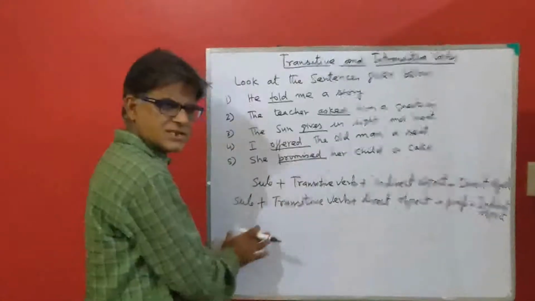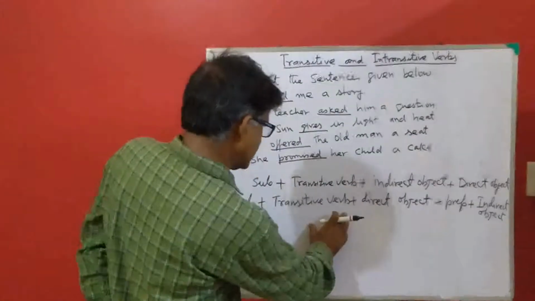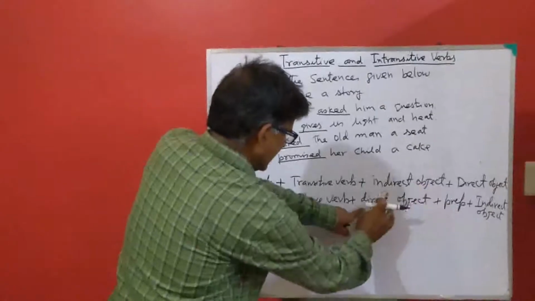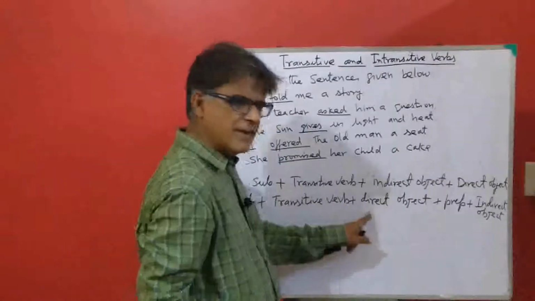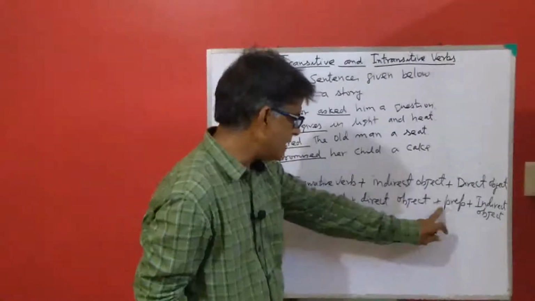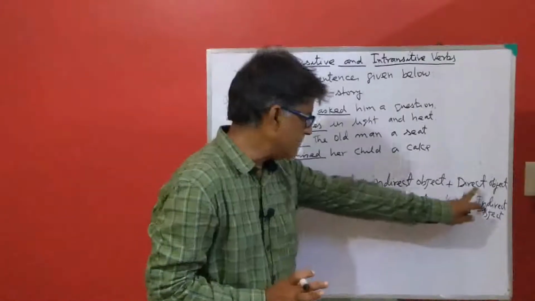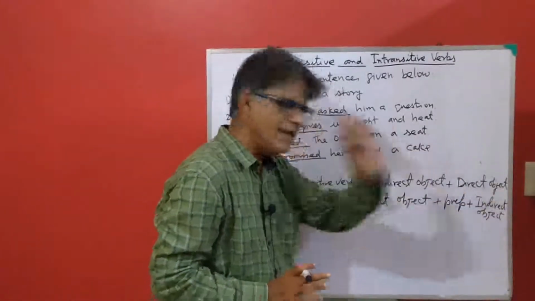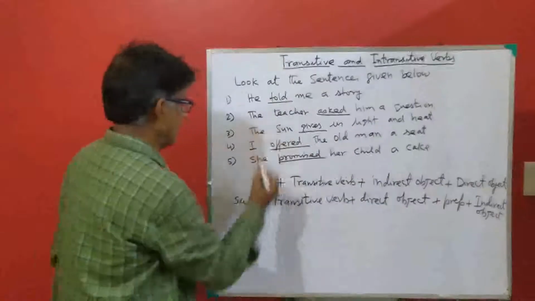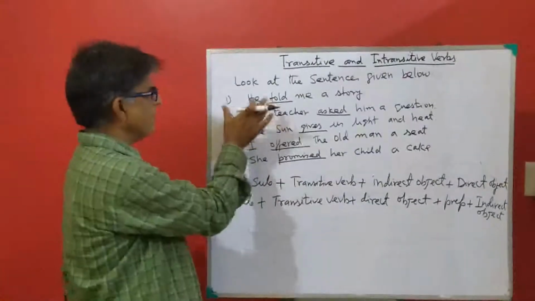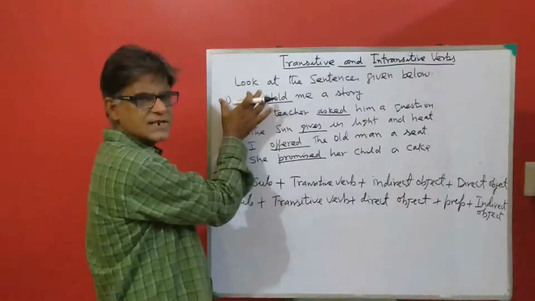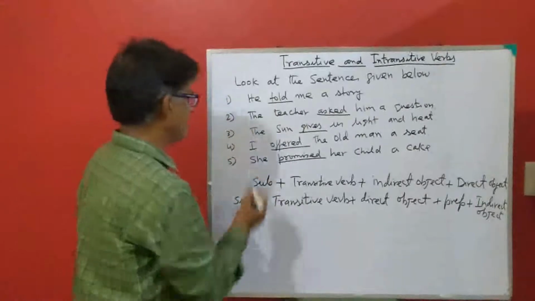Here the sentence structure is subject plus transitive verb. In place of indirect object, I have written direct object plus preposition, and in place of direct object I have written indirect object. Now see how I am changing this sentence structure into this sentence structure.